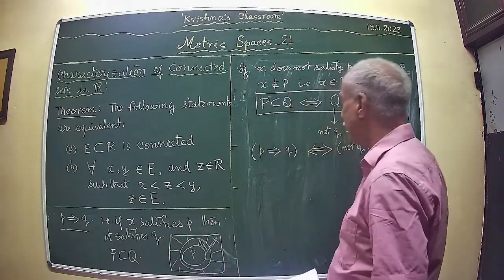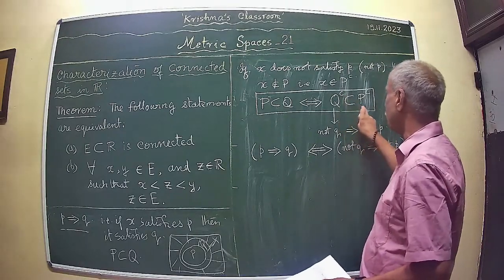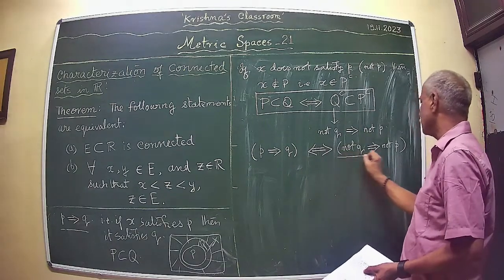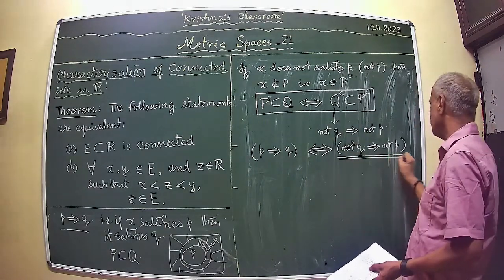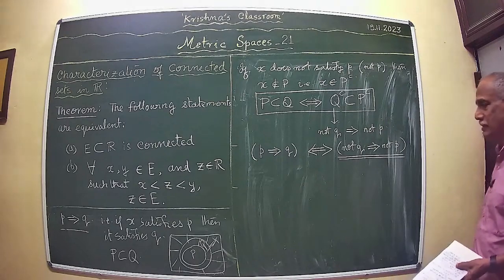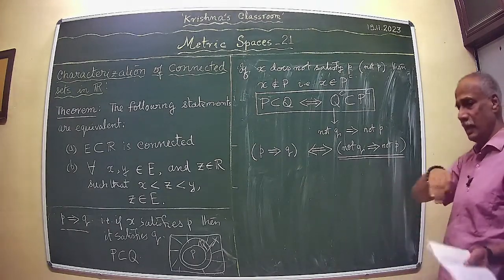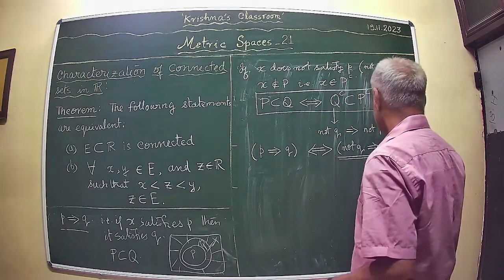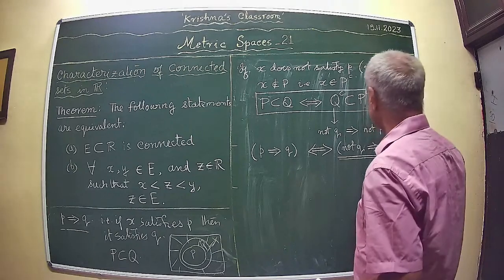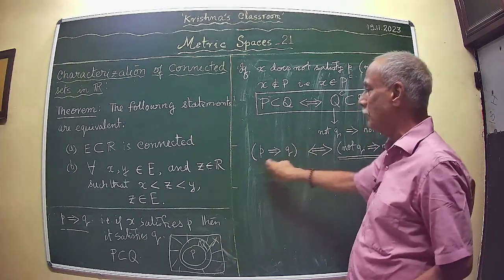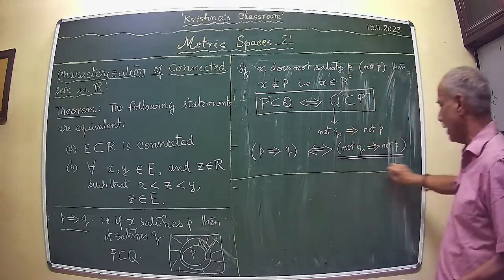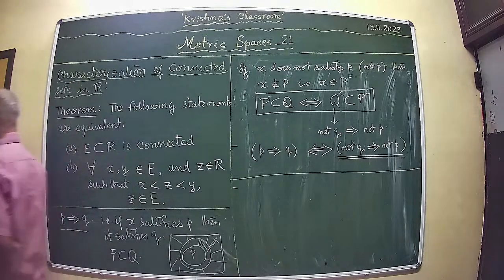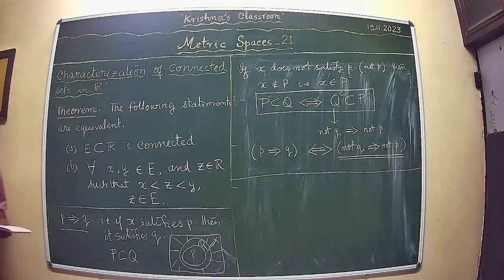So P contained in Q if and only if Q complement is contained in P complement. Therefore, equivalently you can resort to this. You can assume x does not satisfy Q and then arrive at the result that x does not satisfy P. And that is equivalent to saying that P implies Q. So this is just a remark, because this is the sort of technique that we are going to use in proving this theorem.